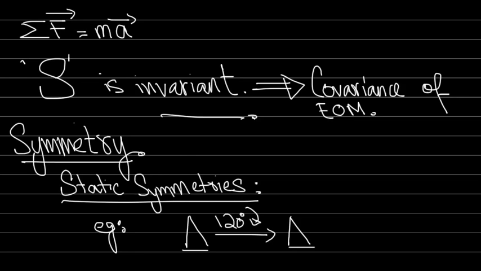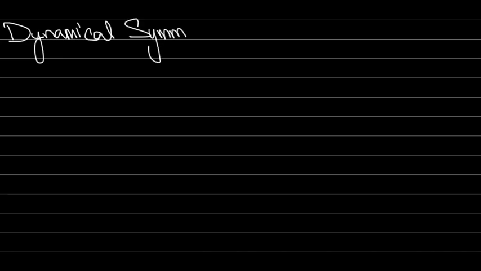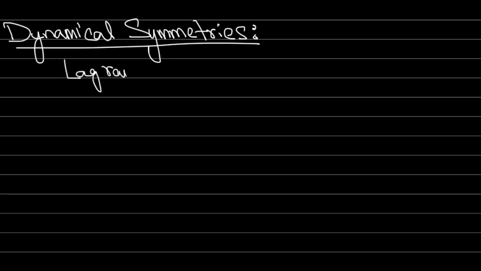But what we are interested in are known as the dynamical symmetries. Dynamical symmetries. Now, an example of dynamical symmetries would be the Lagrangian, right? The Lagrangian of a system.